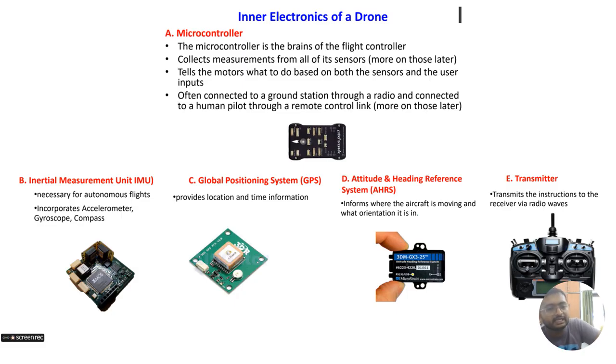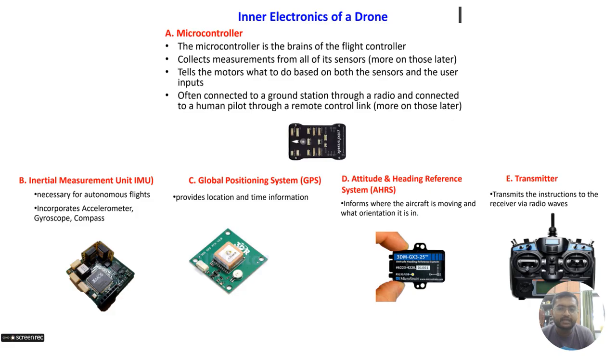Then you have the IMU, the inertial measurement unit, which will keep the drone stable and is necessary for autonomous flights. It incorporates accelerometer, gyroscopes, and compass. Then you have GPS, which will give you the location and the time information.